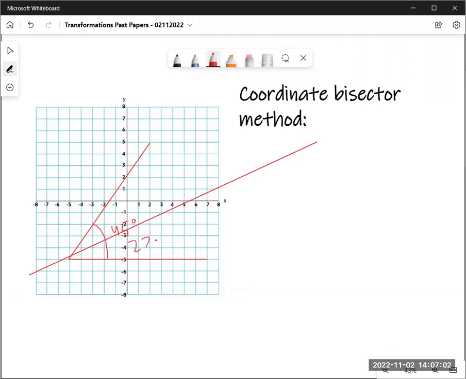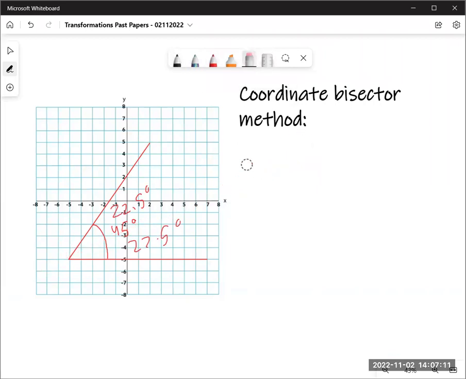So I get 22.5, 22.5, and 22.5 on the top. This line which I made right here, this black line, is the angle bisector.